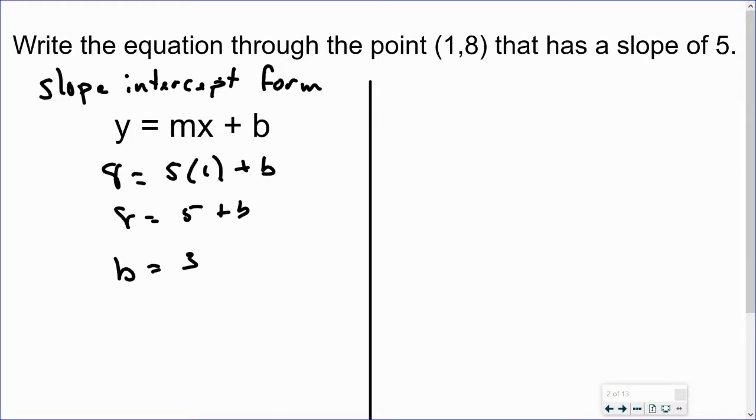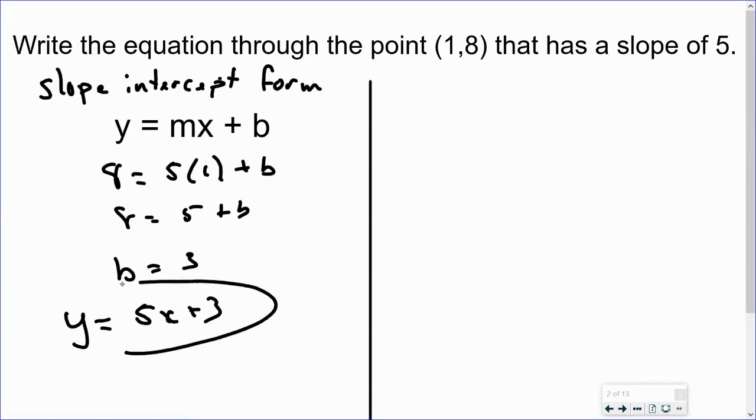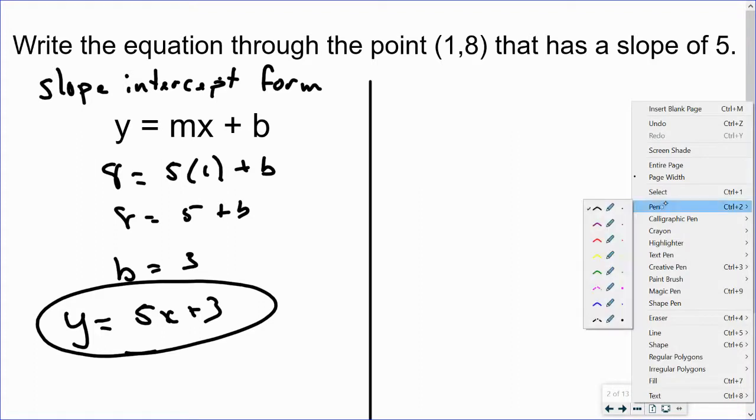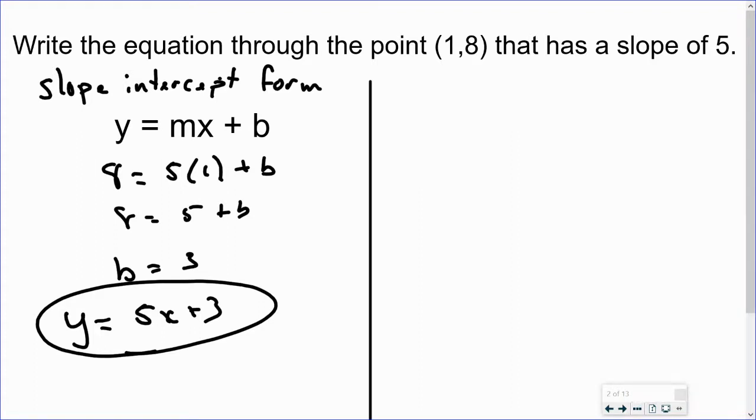After I figured this out, because I knew what the slope was, and now I just figured out the b, I rewrite it as y is equal to 5x plus 3. And that's what you've done so far. That's probably the way that you have done these problems the most often, and it's probably really comfortable for you. Now, in my opinion, this particular one gives us a point and a slope. So I think it makes sense to use point-slope form.